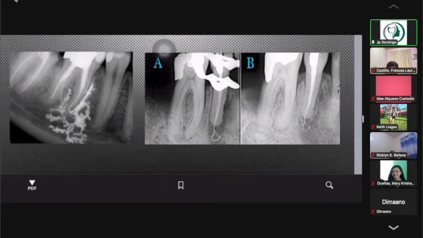In A, there is an inadvertent extrusion of the gutta percha through the apical foramen. Diba? This was during obturation. And then at the 6 months re-evaluation in B, there's normal healing despite the presence of the extruded material.